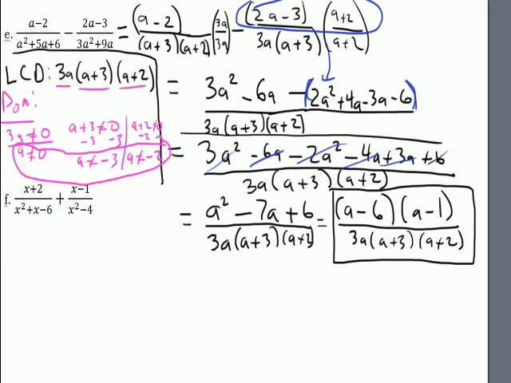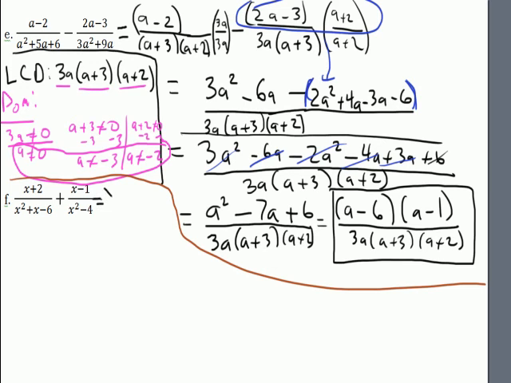On to F. Let me put a brown line here so I can separate out E and F. Now, as with the last one, I need to factor the denominators of each of these terms first to help me find the least common denominator. To give myself a little more space, I'm going to write kind of small.